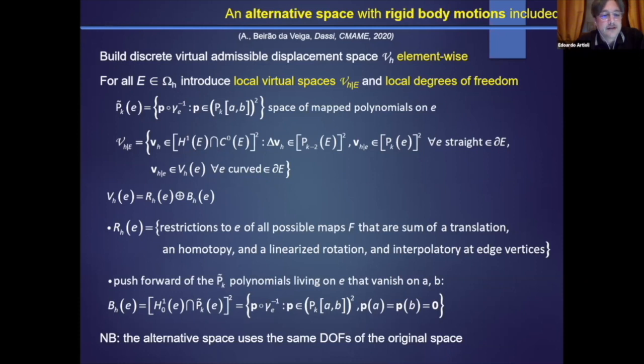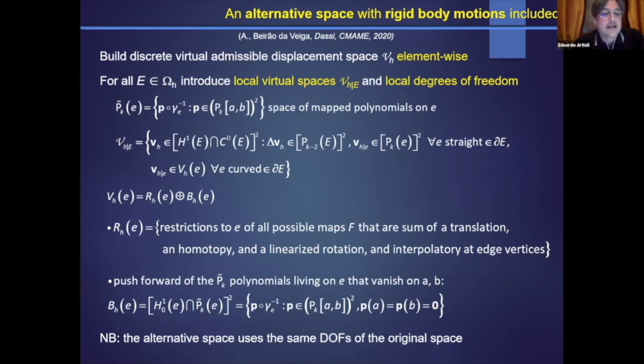And this is pretty simple to do in the virtual element method context, since it only requires modifying the edge restriction of our local virtual element space by defining it as the direct sum of two local edgewise spaces.